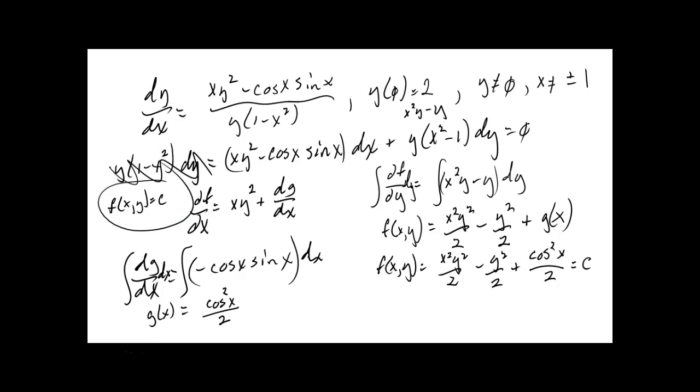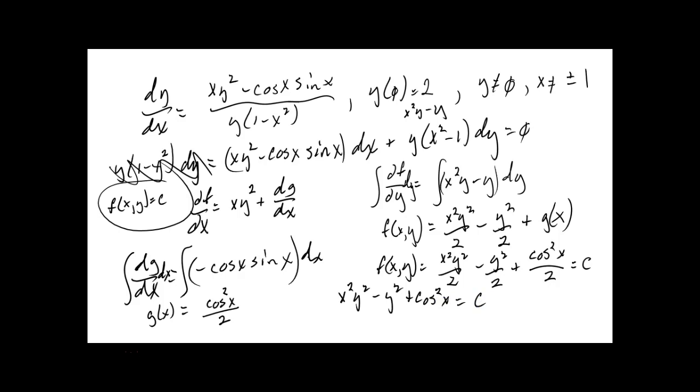Now I want to do something I hope you won't object to. I want to multiply everything by 2. Is that okay? May not be quite the same function, but it's going to be okay. x squared y squared minus y squared plus cosine squared x is equal to some other constant c, which is twice the previous constant.